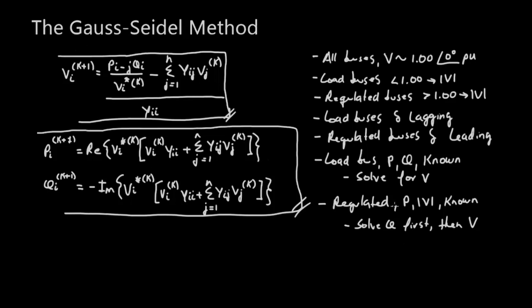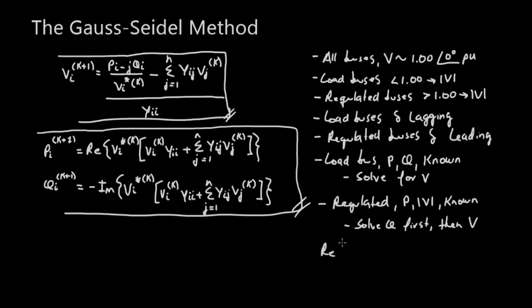So again, for a regulated bus, you know P and you know the voltage magnitude V. So you solve for Q first, then use that to calculate V over here. You're going to get a complex value, of course, but you know what the magnitude of that voltage is because, again, that's being fixed. So then once you have that value, you can use this equation.